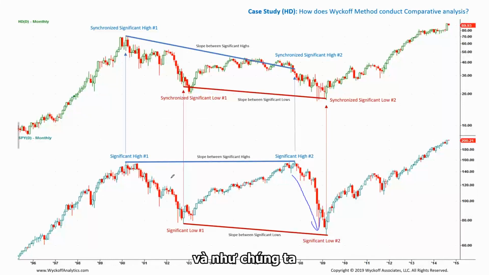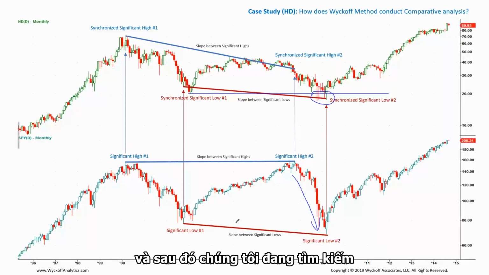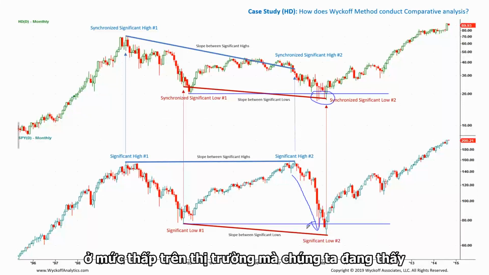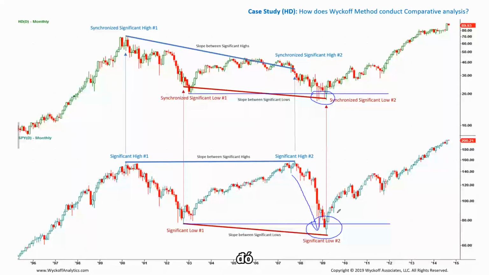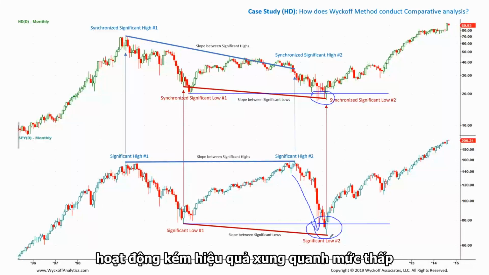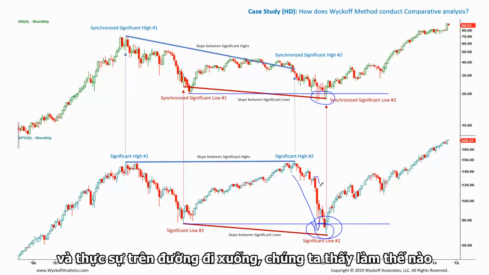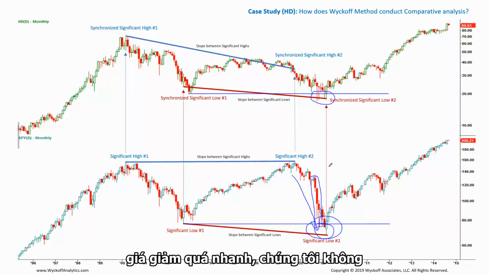As we're looking at the low in the stock and then the low in the market, we're seeing that the market probably had more underperformance around the low. And actually on the way down, we see how the price travels down so fast.